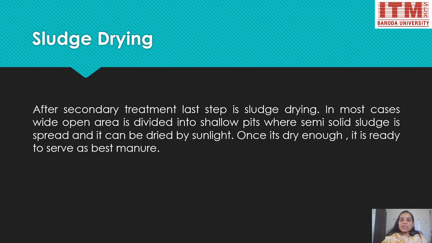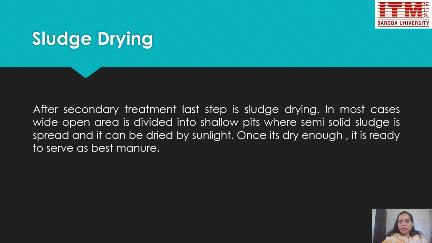Then the last step of the wastewater treatment plant is the sludge drying bed, where whatever semi-solid sludge we have retained or received, which may contain active microorganisms, we can spread over the land area. So at the last stage of your domestic wastewater treatment plant, you may have some open land area which may be divided into pits, over which you can spread this waste and allow it to dry in the presence of sunlight.